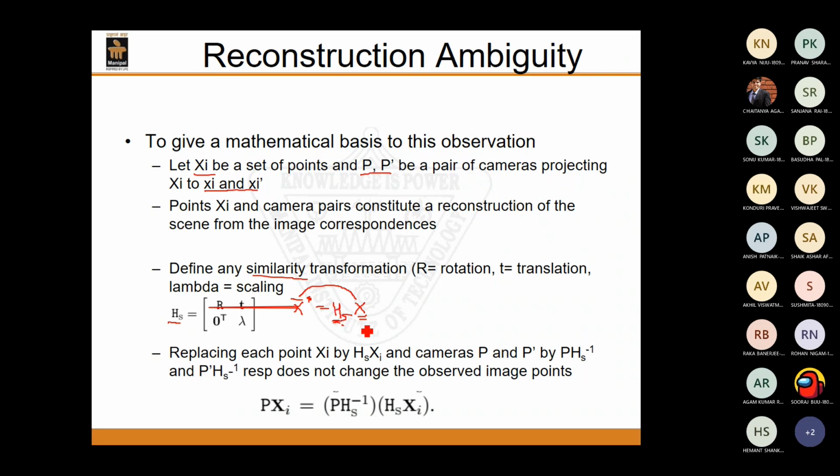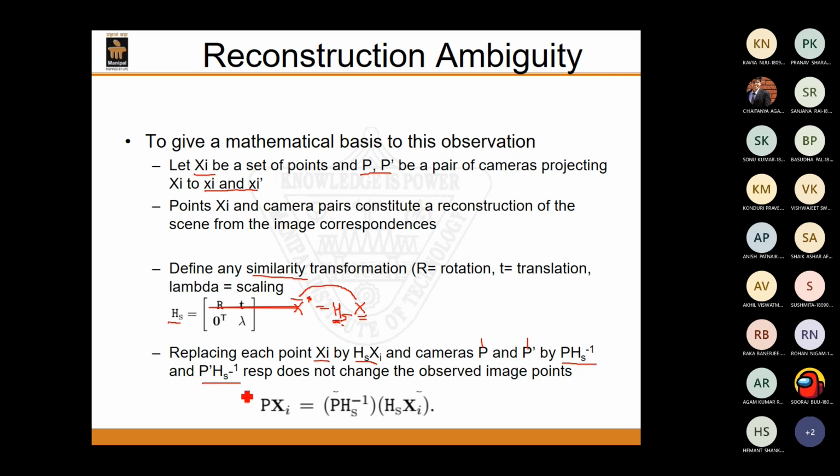Now, another point that you need to remember is that if we apply the similarity transformation to the point X_i, what I get would be H_s X_i. And if I again apply the similarity transformation to the camera parameters P and P dash, it would be P H_s inverse and P dash H_s inverse.